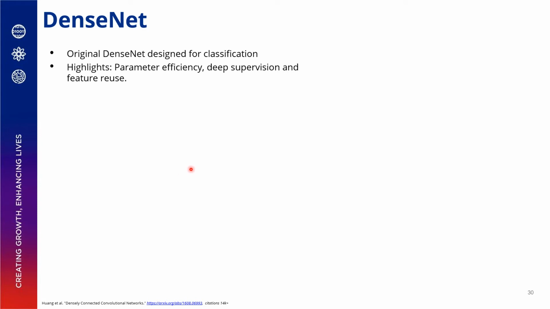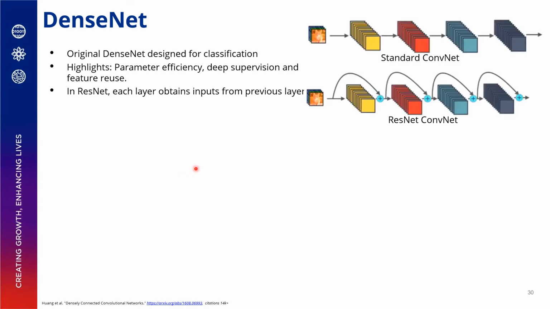Now let me show how the DenseNet paper worked around some of the limitations of CNNs to get really good results while maintaining parameter efficiency.